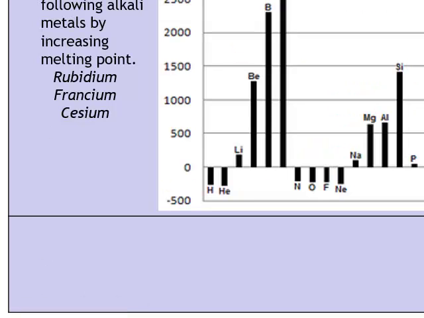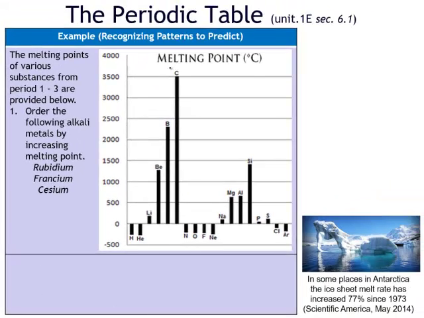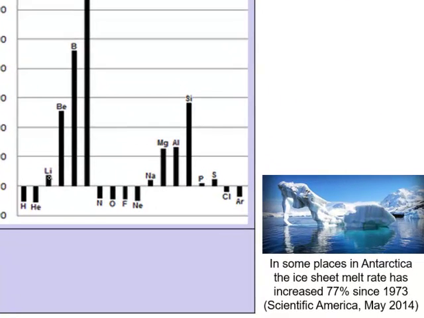So here's another example of melting point characteristic that we can attempt to predict based on the graphs and the information already provided to us. If I break this up into period 1, period 2, and period 3, I'll find there might be a pattern here.